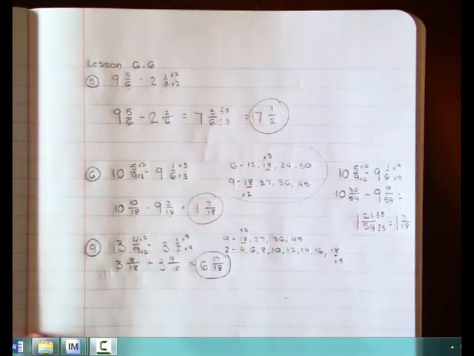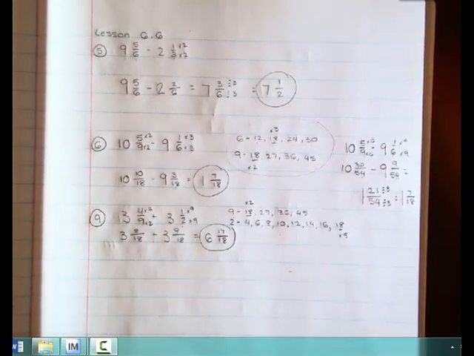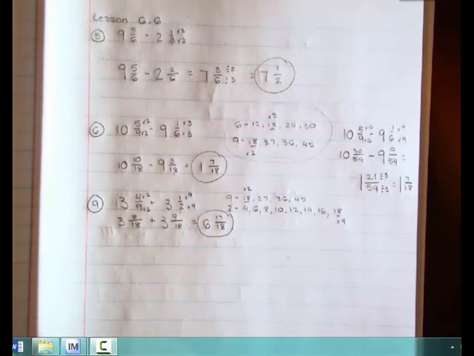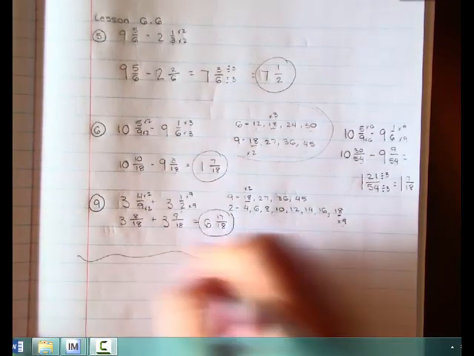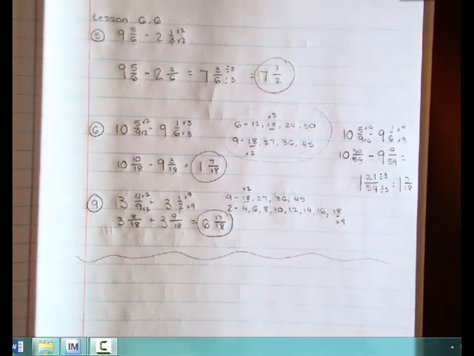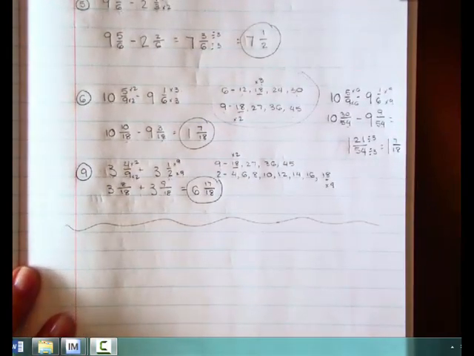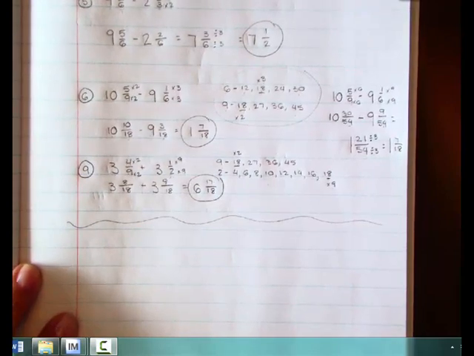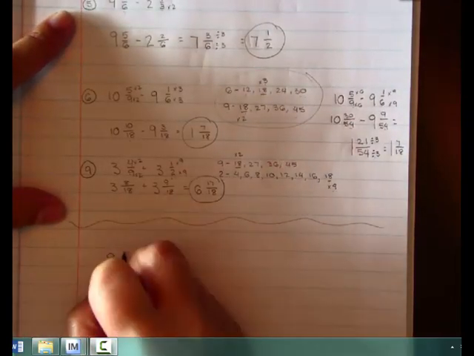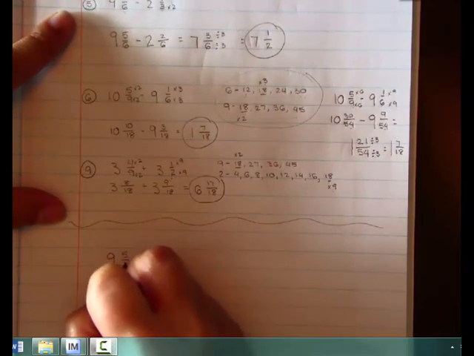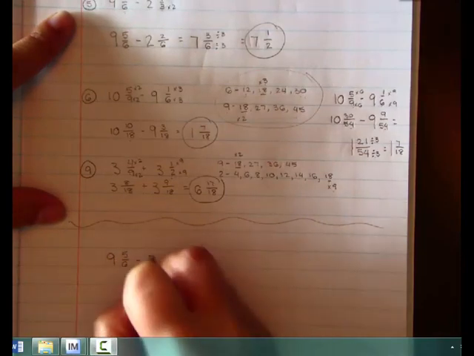Another way you could do this is by changing them to improper fractions. If I was going to change them to improper fractions, you would still need to find a common denominator, but it's just another way to find the answers. So using the same numbers from number 5, we have 9 and 5/6 minus 2 and 1/3.